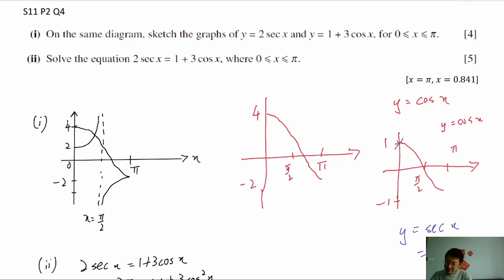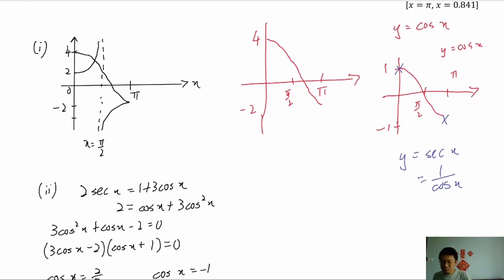When cos x equals 1, 1 over cos x, which is secant x, is also equal to 1. The same happens when y equals negative 1. When cos x equals negative 1, secant x, which is 1 over cos x, is also equal to negative 1. So we have a value here.